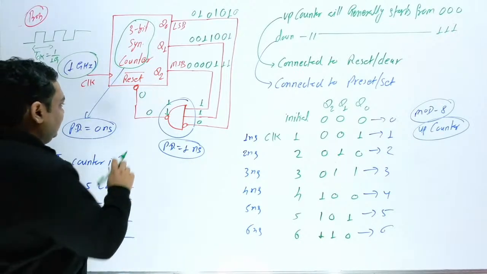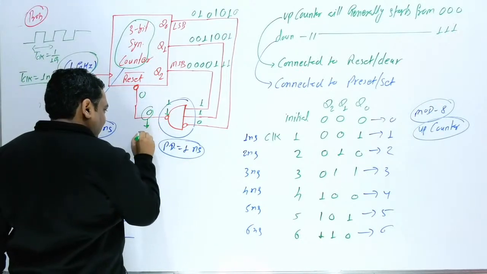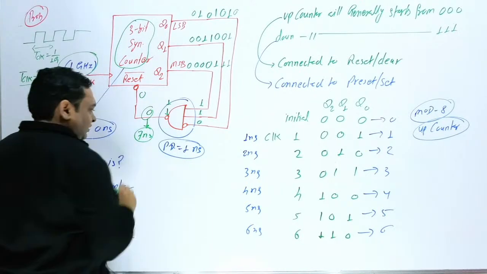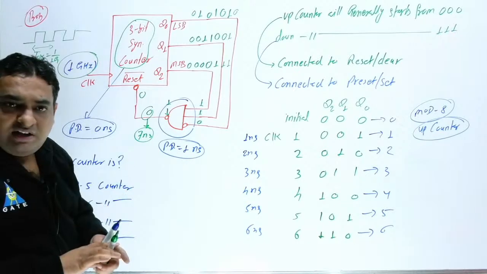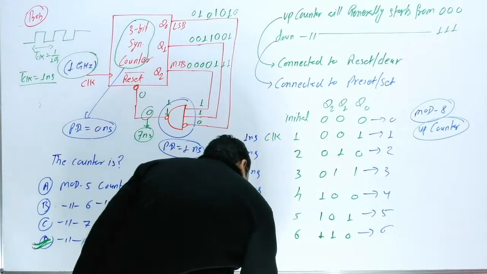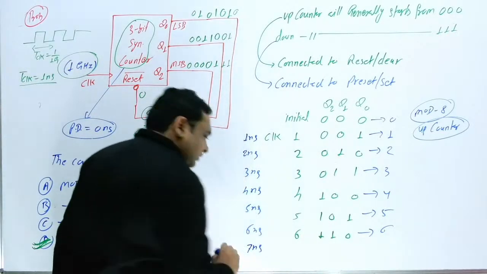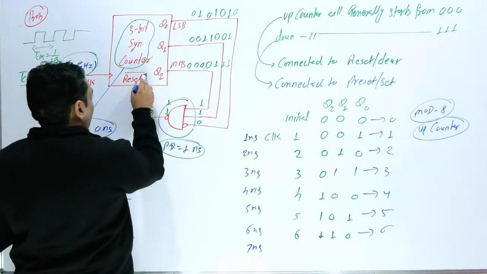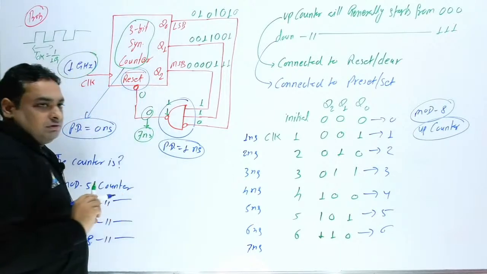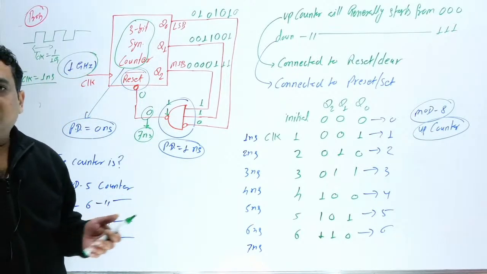But this 0 you will get at 7 nanosecond, and at 7 nanosecond you are also providing the 7th clock, and we are also doing this reset. So which will be practically operated? The reset.